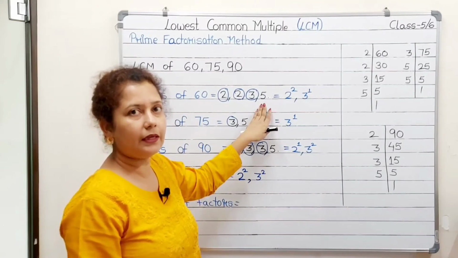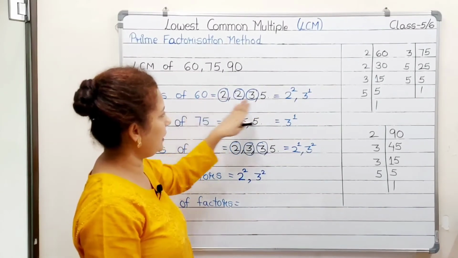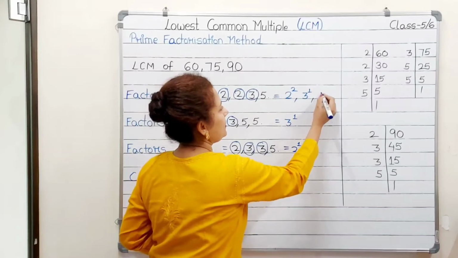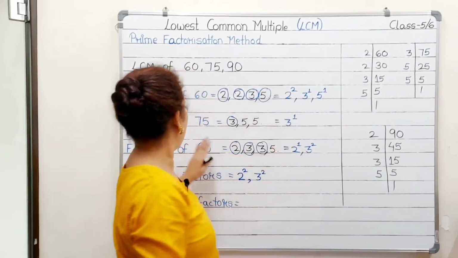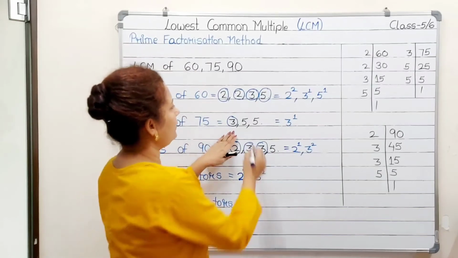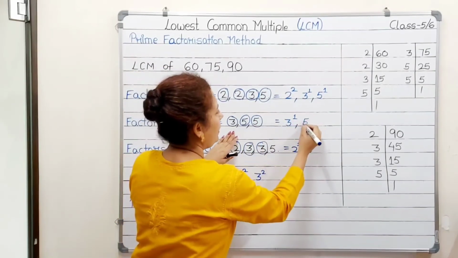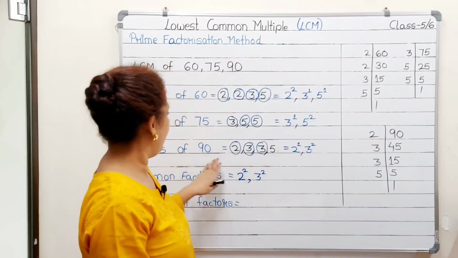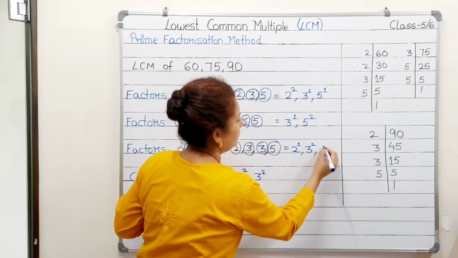Next prime number is 5. So in the first number 5 is present once. In 75, 5 is present twice. So we will write 5 raised to power 2. In 90, 5 is present once.